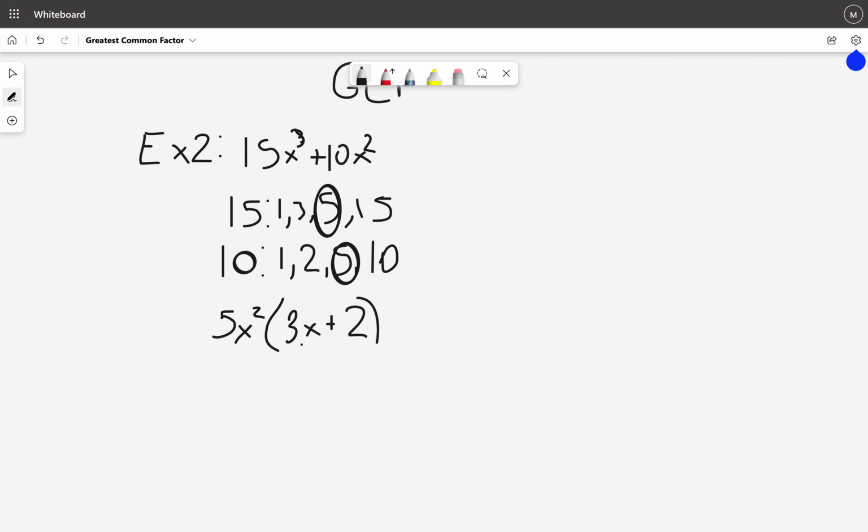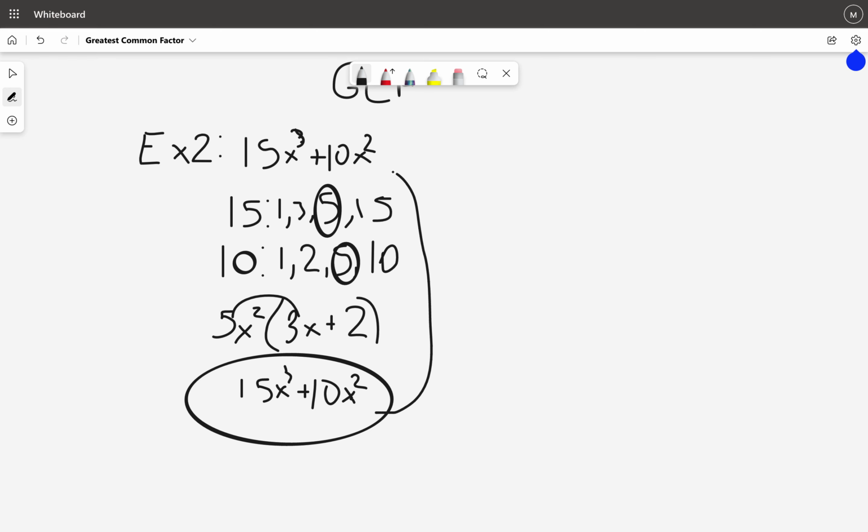Then we can check our work by distributing. This is 15x to the third plus 10x squared. And this is also the same thing as the original.